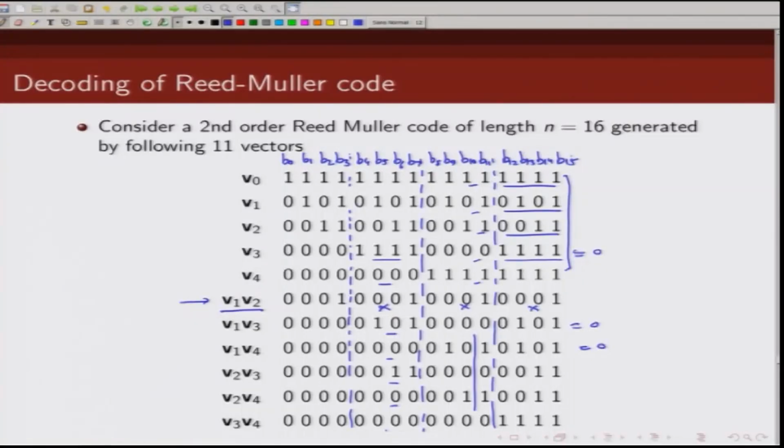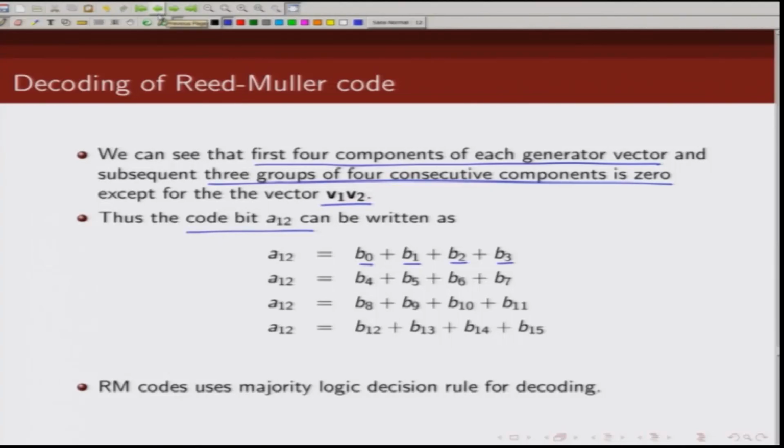If I add B0, B1, B2, B3 or B4, B5, B6, B7, B8, B9, B10, B11 or B12, B13, B14, B15, the contributions from all other rows are nullified, and I will only see the contribution effect of this V1, V2, and the bit A12 can then be found by adding these 4 columns together.